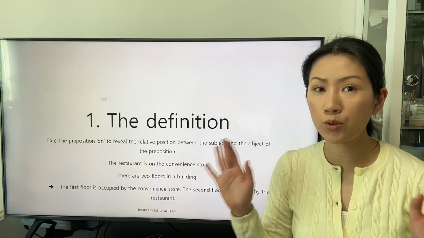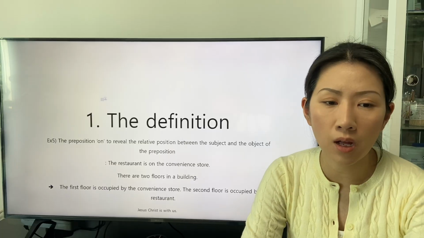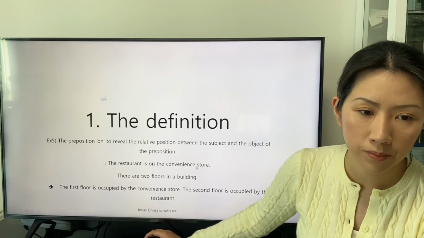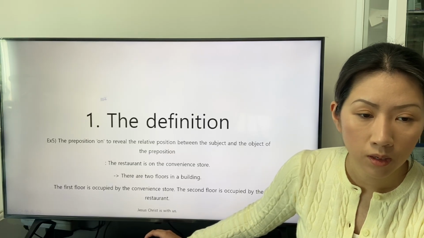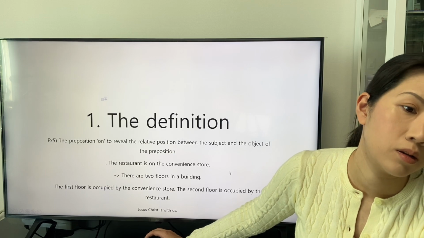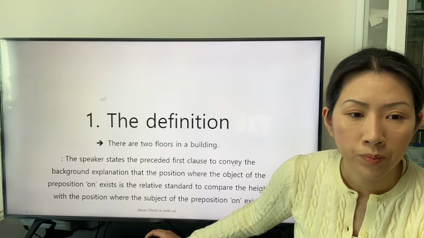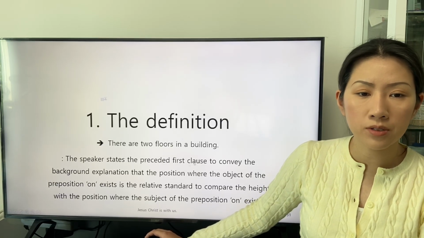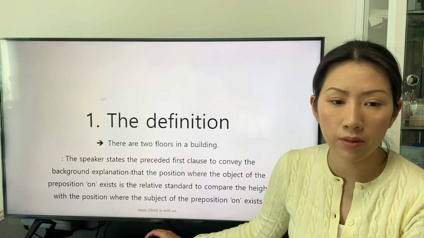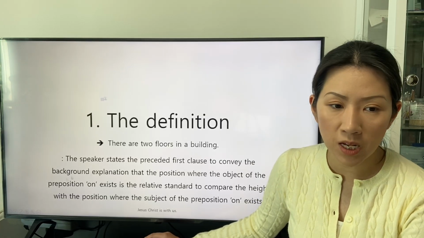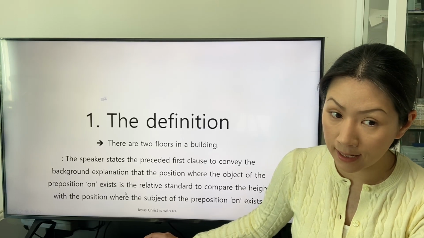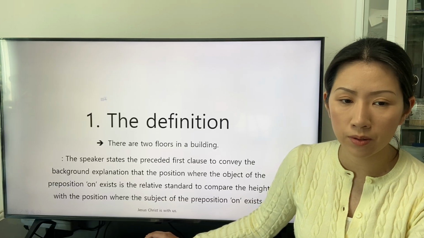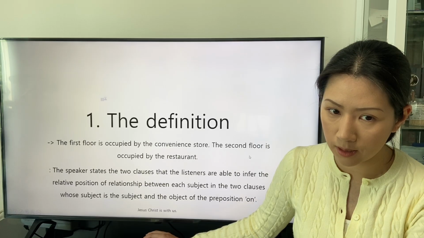To understand the situation, the first floor is occupied by the convenience store. The second floor is occupied by the restaurant. The speaker states the preceded first clause to convey the background explanation that the position where the object of the preposition on exists is the relative standard to compare the height with the position where the subject of the preposition on exists.